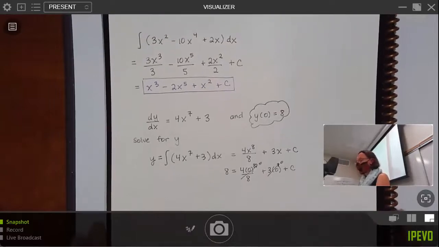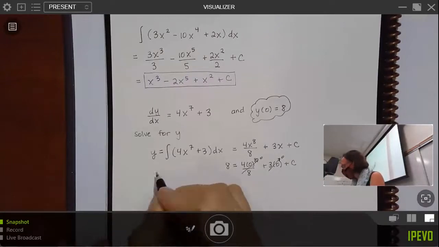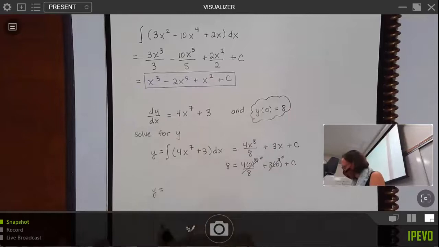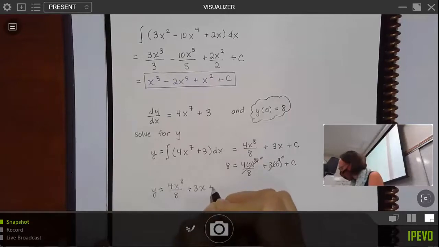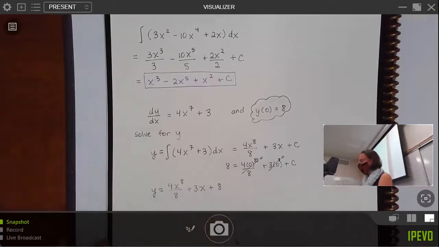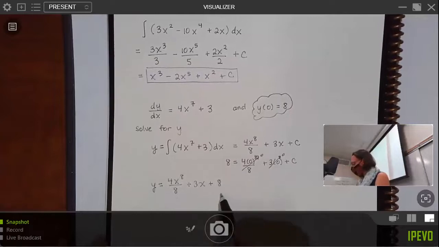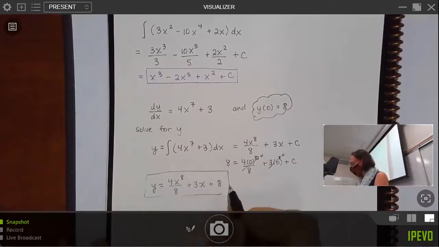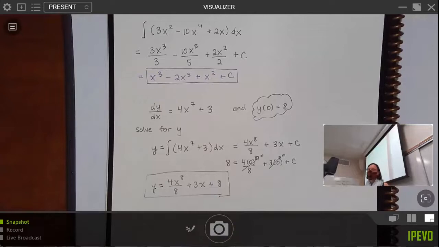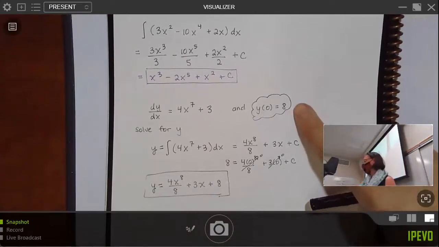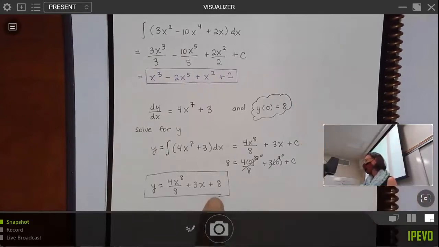So my actual specific function that meets both of these rules would be y equals 4x to the 8th over 8 plus 3x plus 8. But unless the question is asked in such a way that we have this extra information, we've got to just leave it as a plus c after we find the antiderivative.